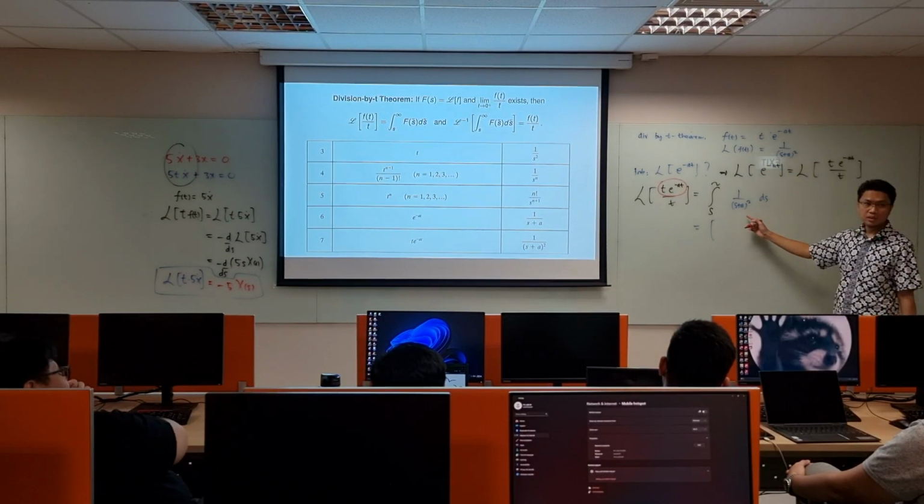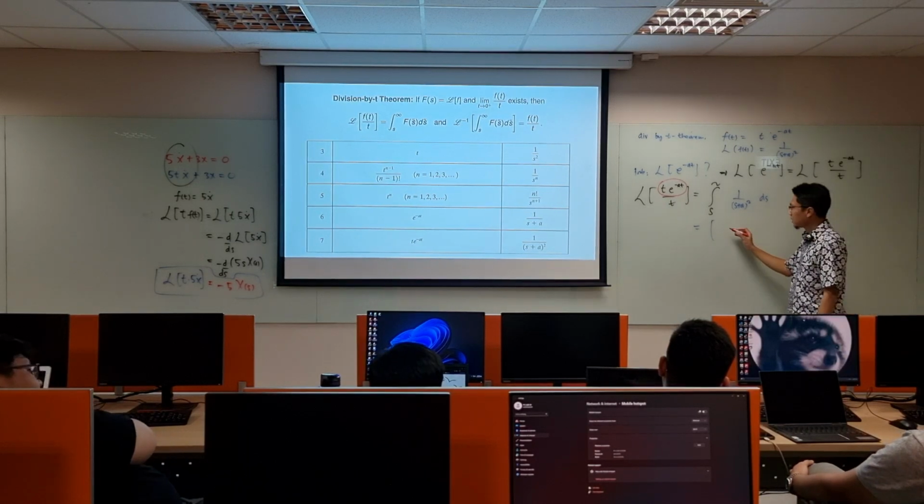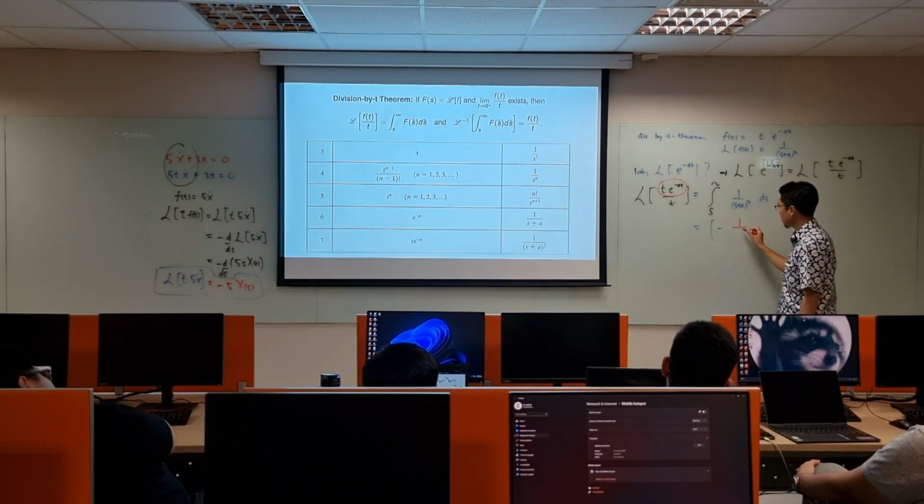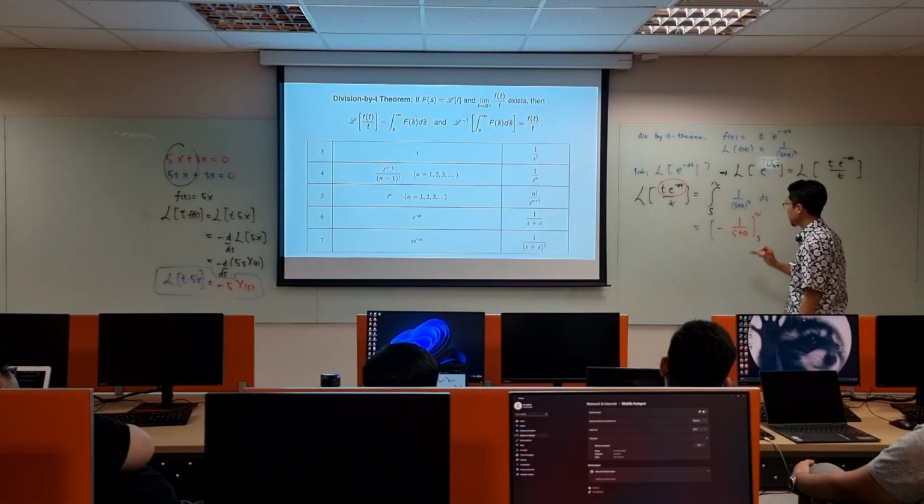So what's the result of the integration? This is exactly minus 1 over (s plus a), integrated from s to infinity.